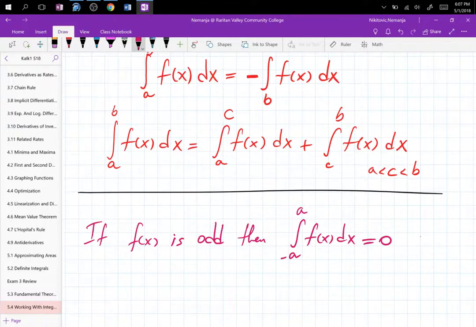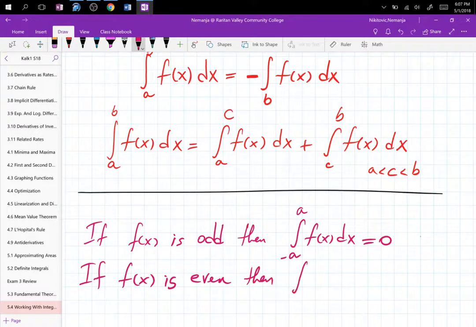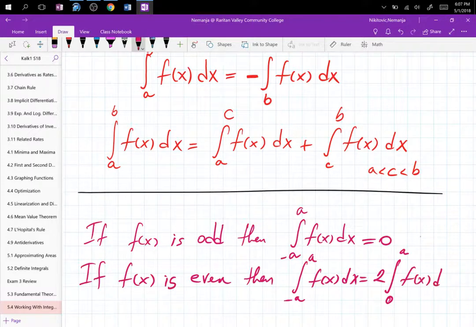So we say if we are integrating an odd function on a symmetric interval, the answer is 0. And I'll show that later. The second formula: if f of x is even, then the integral from negative a to a of f of x dx is equal to two times the integral from 0 to a of f of x dx.